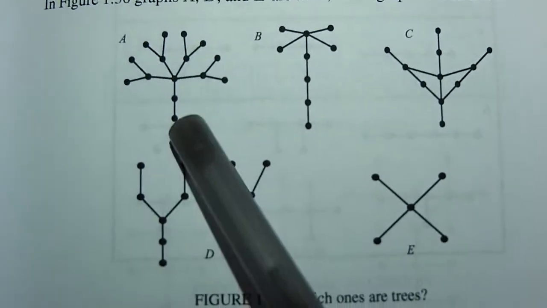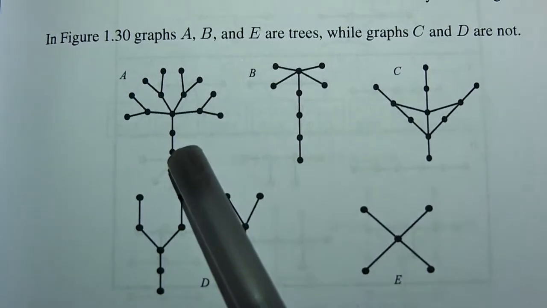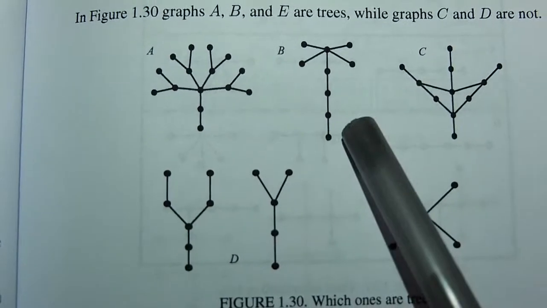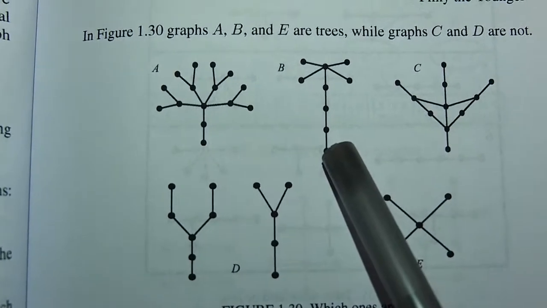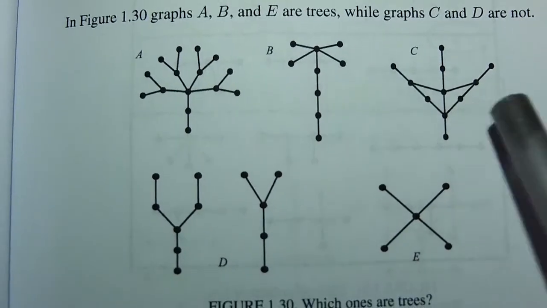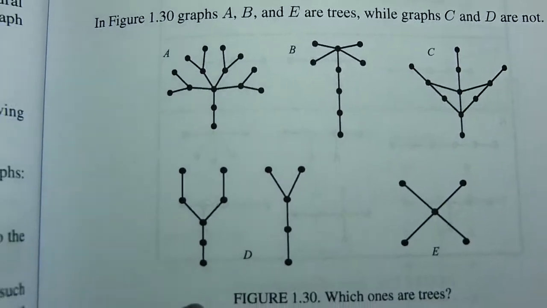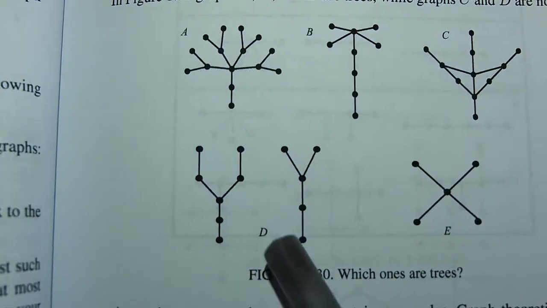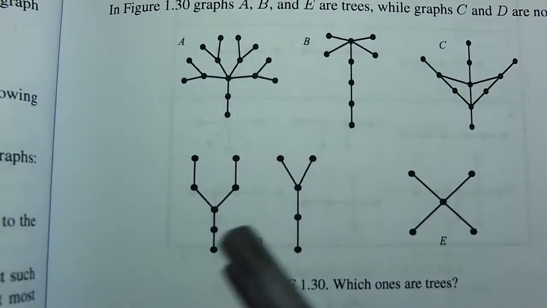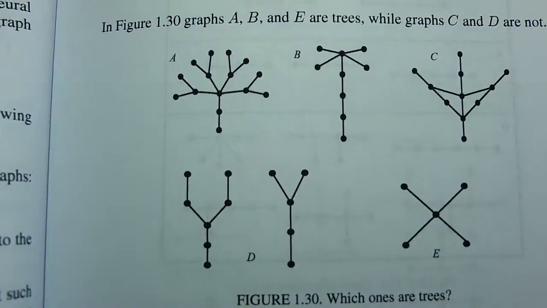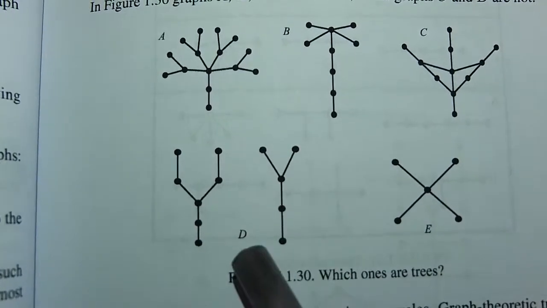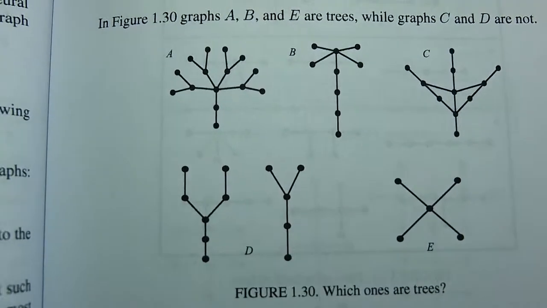So this one's a tree. This one is a tree. This one is not because it has these cycles. D is not a tree because it's not connected. Right? So D doesn't have cycles, but it's disconnected.